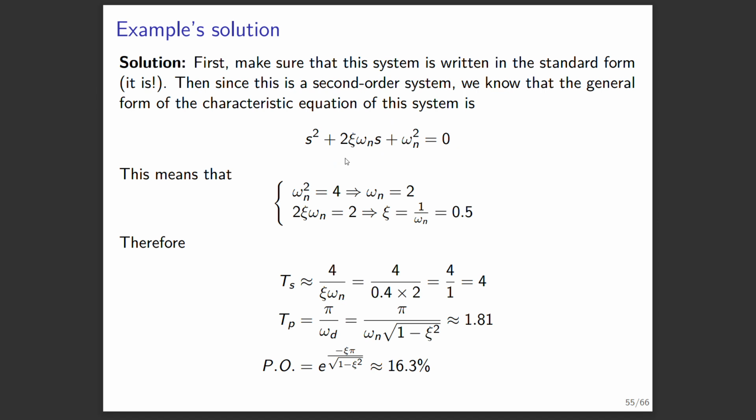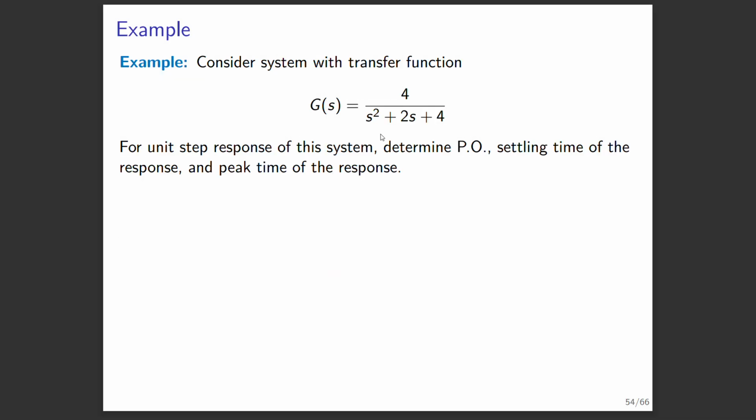So, because it's written in standard format, we can find omega n and c from the equation, and therefore using the equations, we can just substitute in and have Ts, or settling time, Tp, or peak time, and percentage overshoot computed. Please try to solve this without looking at the responses or the answer, and then check with the video.